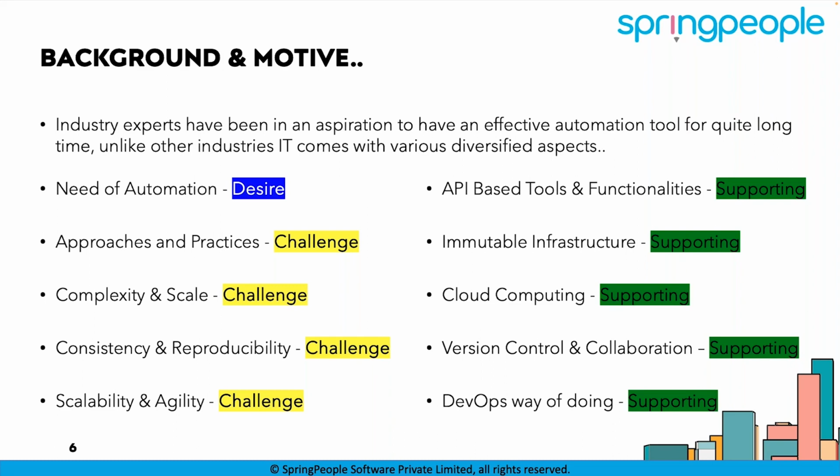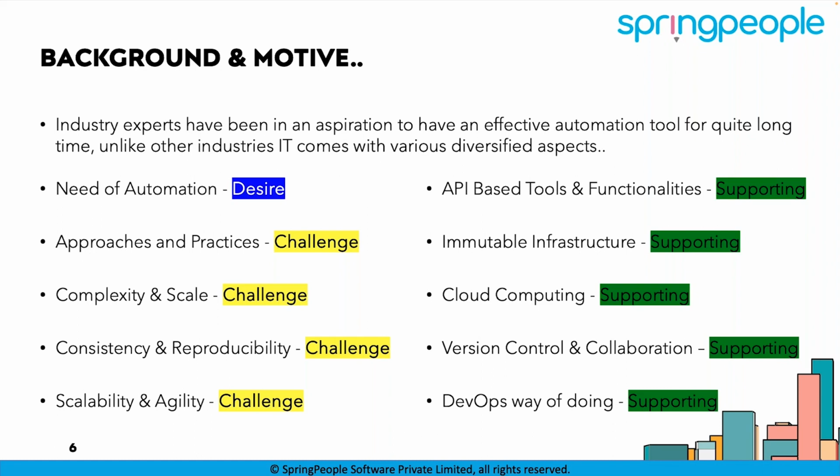So with all these things as a challenge for the last couple of decades, I would say, a new era of cloud computing and API-based functions and tools has brought a lot of hope, and it also made a path for tools like infrastructure as code to be a reality.